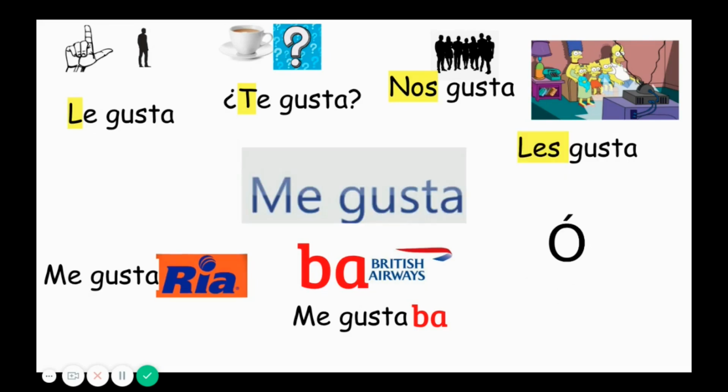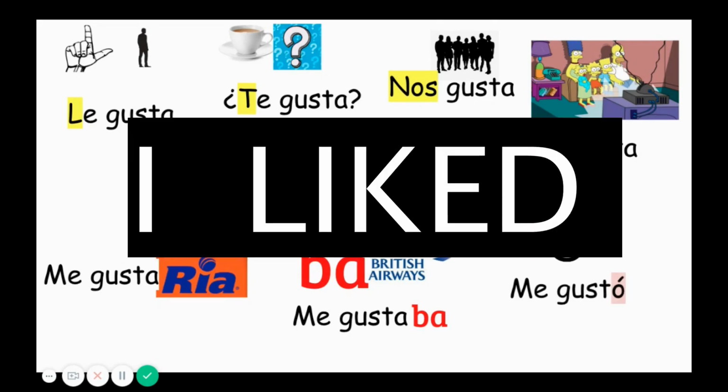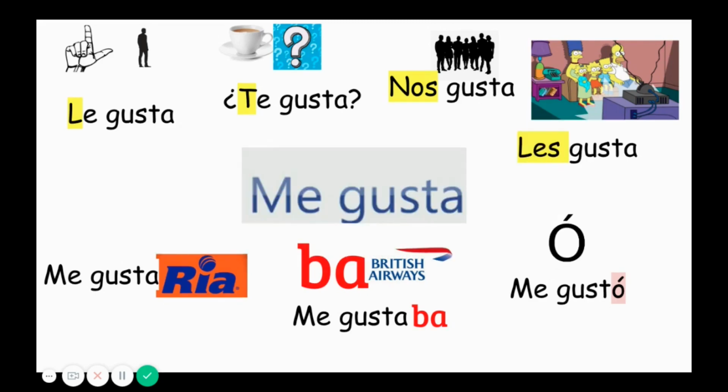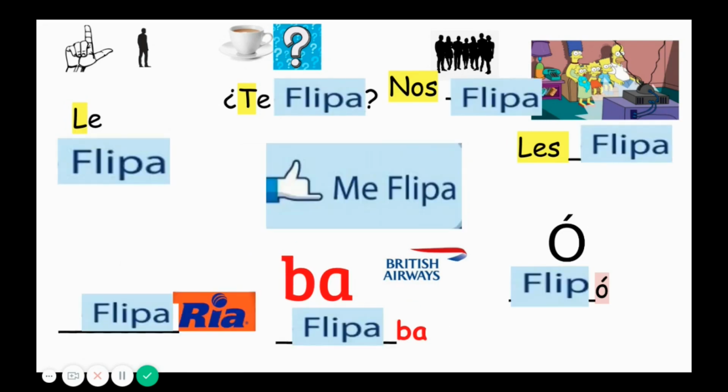And the last one, me gustó. You remove the A and you put an O with an accent. And that's it. These are the 7 patterns, so you can master your opinions and get a lot of marks in your exams. You can apply these patterns to other opinions that follow the same pattern, like me flipa. As you can see, it's exactly the same, but in that case with flipa.